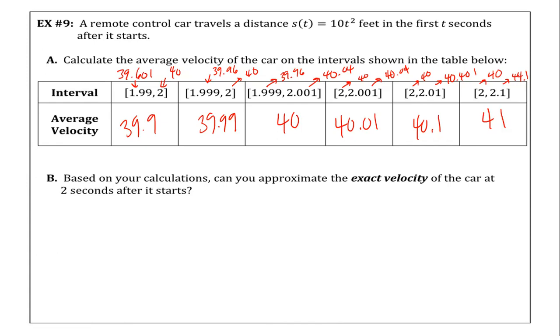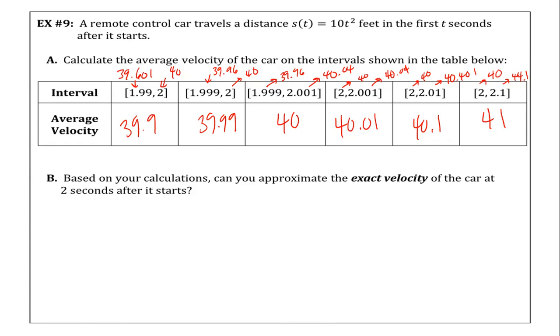So based on what's happening here, as you can see, based on our calculations, you can approximate the exact velocity of the car at 2 seconds after it starts. So when I'm trying to find the average rate of change at a specific point, I'm going to analyze what's happening as I get closer and closer to that point. When I look here, what's happening as I come from the left and from the right of that point?